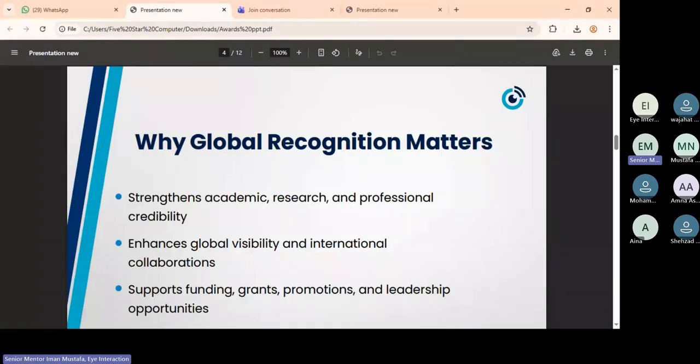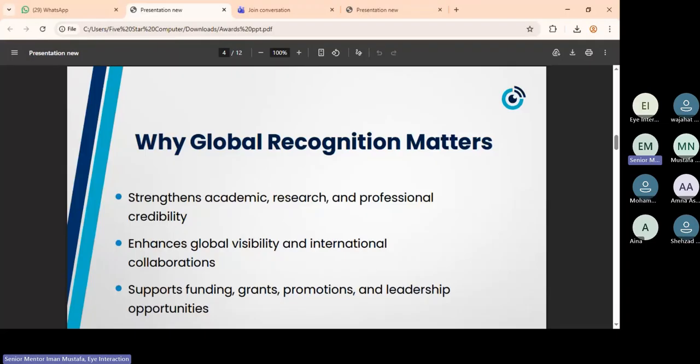How unique and original your work is. The second one is the impact. Does it create real results or not, right? The third one is the scalability. It means whether your work grows globally or not. And the fourth one is clarity, like how clearly you define your goals and your objectives. So these are the four points.